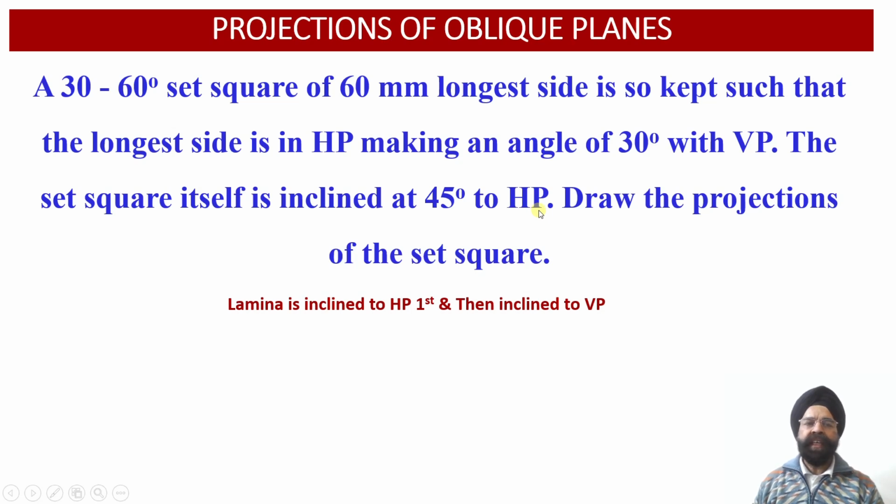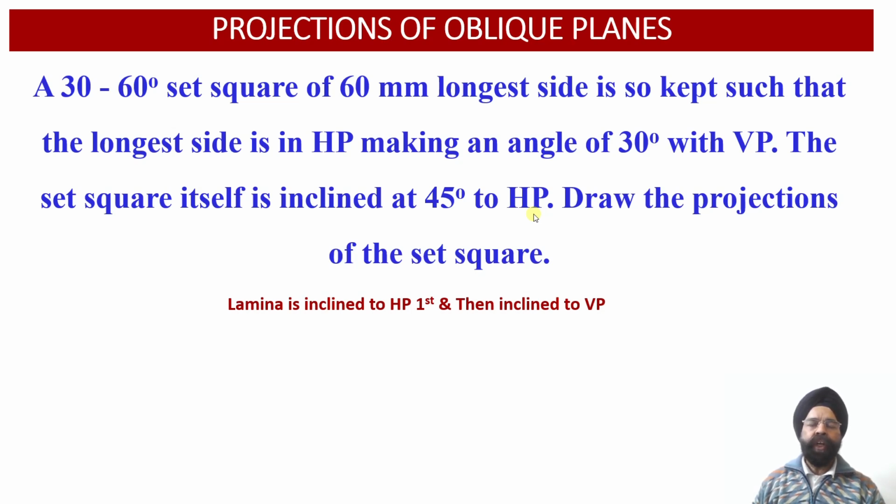Now since this set square surface makes an angle of 45 degree with respect to the horizontal plane, to begin with we are going to assume that this set square lies on the horizontal plane. That is, the first inclination of this particular set square happens to be with respect to the horizontal plane.